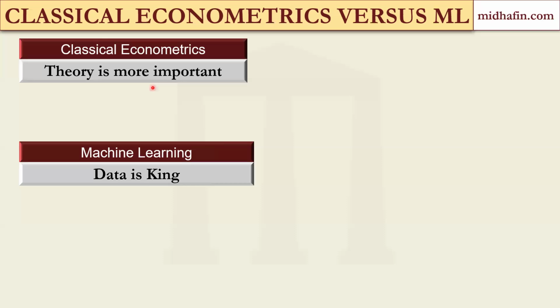Now in classical econometrics, we always start with economic theory. Many of you who might have studied economics in grade 11 and 12 might have seen something called a demand curve. What is the slope of the demand curve? Upward or downward? Anyone who remembers?